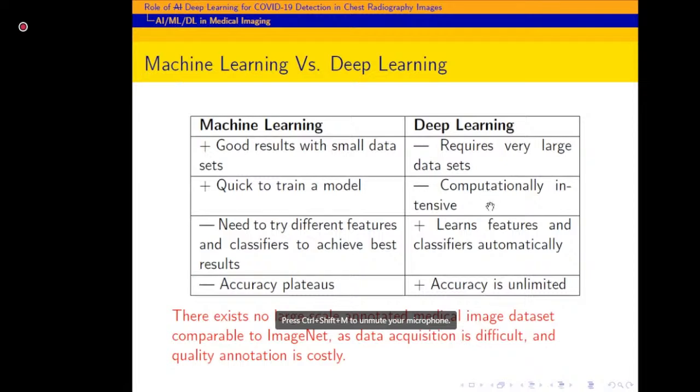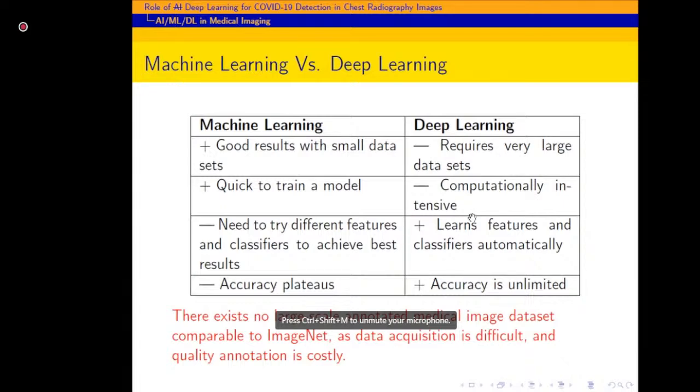So the question here is, how can we use deep learning algorithms in the presence of a limited amount of data? Is it possible to use deep learning algorithms with the help of limited data? Yes, it is possible. There are a few strategies through which you can use deep learning algorithms even in the presence of limited data.